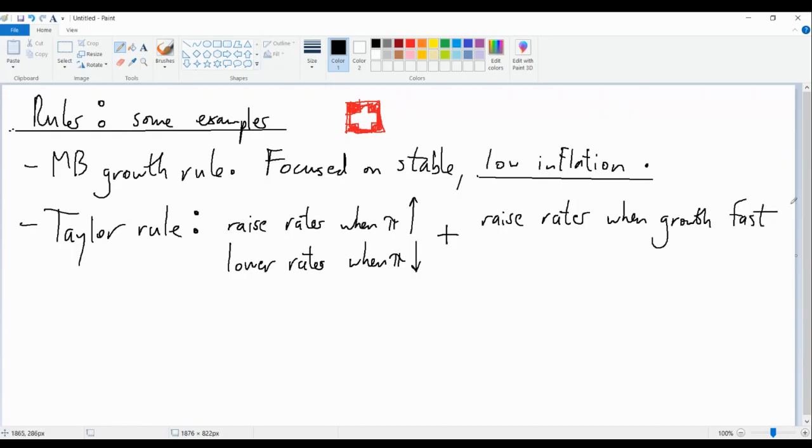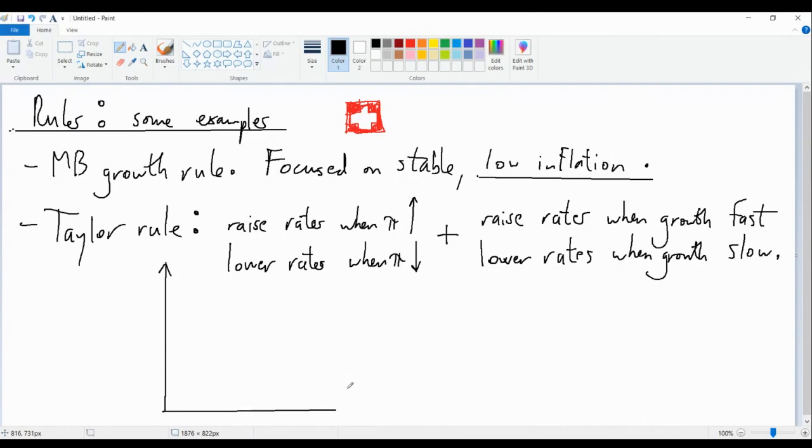In other words, it doesn't just focus on inflation, it also has stipulations about how to respond to the business cycle. So here is why some economists like the Taylor rule.